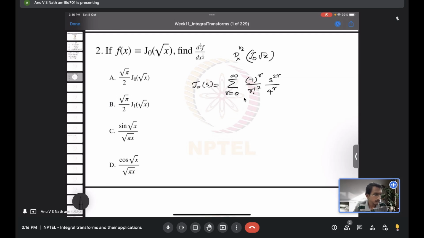This is the Taylor series expansion for J0 of s. So that may help you do this.